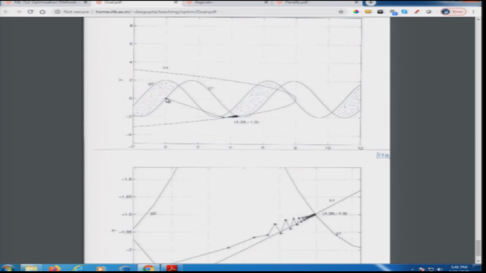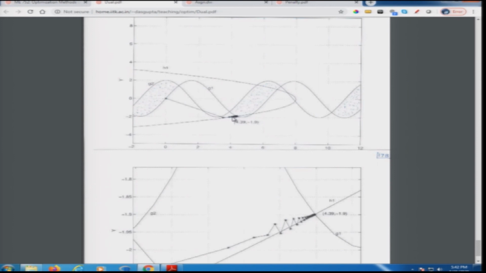Now, this is the origin, 0 0. In the first iteration of the augmented Lagrangian method, crossing through all the infeasible region, it comes here. This is also infeasible, because this does not fall inside this, does not matter. Then slowly over iterations, it goes and settles down here, and that is the solution point.